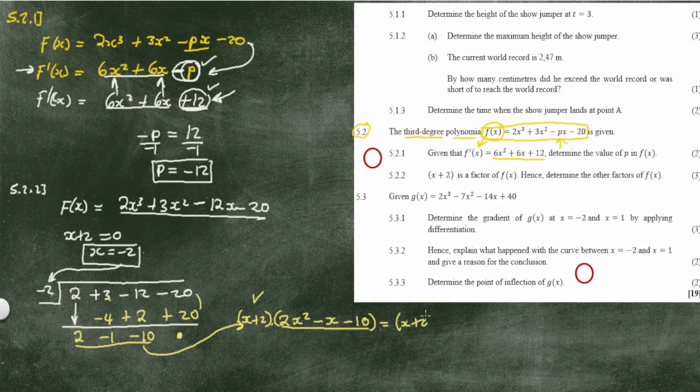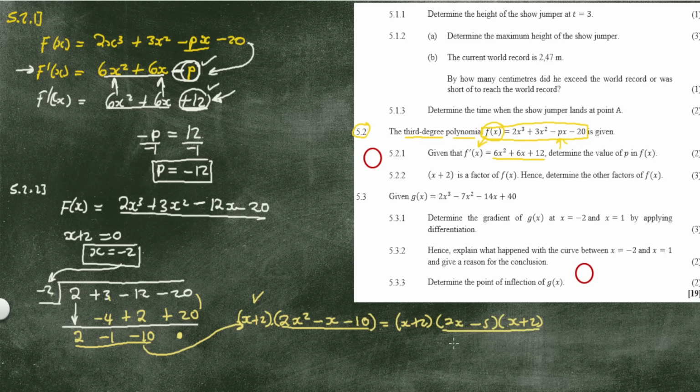So x plus 2 is the given factor. We have to get factors for this. Now we're gonna use the factorization. But if you know how to manipulate the quadratic equation and getting factors, I don't see a problem over that. 2x minus 5 and x plus 2 are the factors, right?